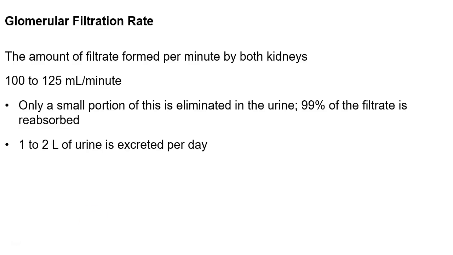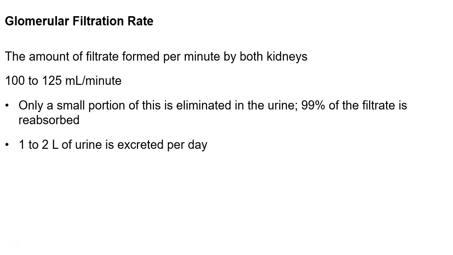So the amount of filtrate that's formed per minute by both kidneys should be between about 100 to 125 milliliters of filtrate per minute. Now we know that only a very small portion of this filtrate will actually be turned into urine and eliminated or removed from the body. About 99% of that filtrate that's formed will be reabsorbed, because remember, you're going to have a lot of water and glucose and other types of nutrients that you're going to want to retain.